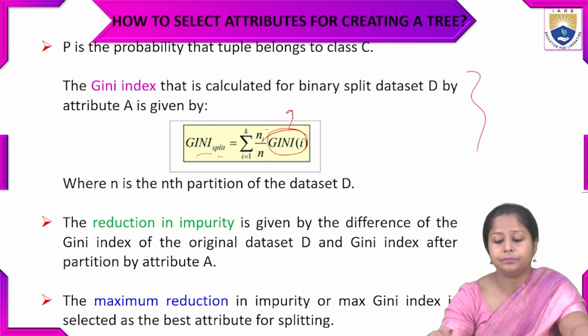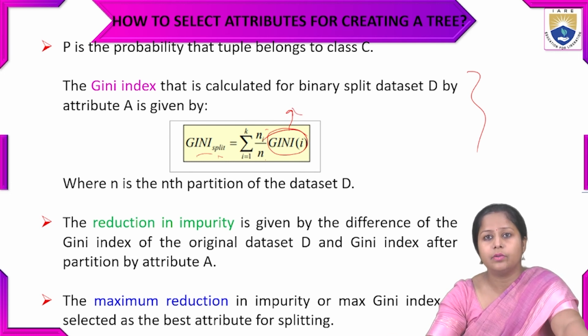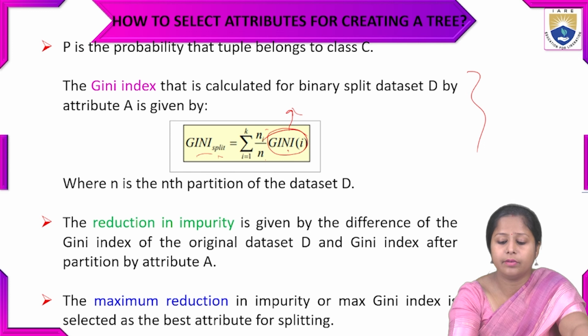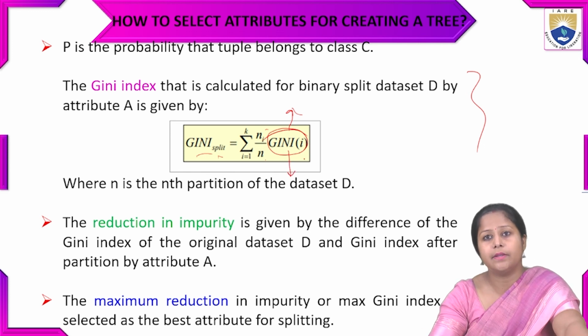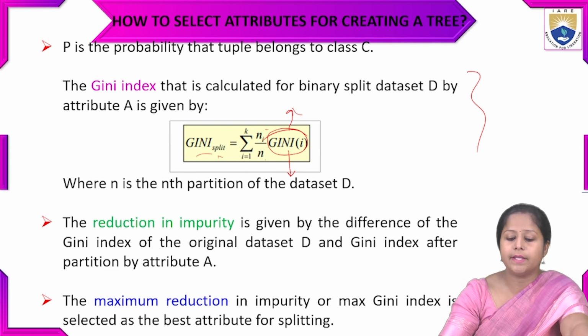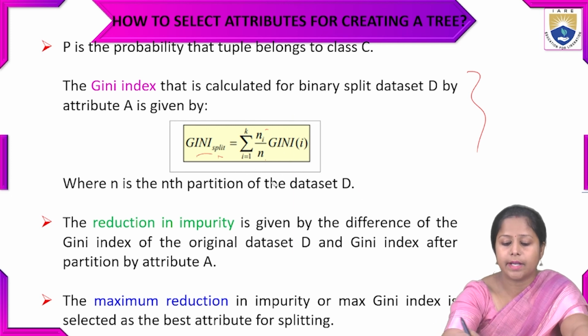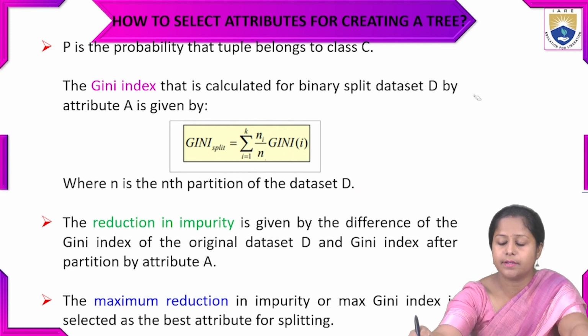We have already measured that in the earlier formula, so that same value will be placed here. If we have to find the Gini of split, we will use this formula, where n_i is the ith partition of the dataset D.